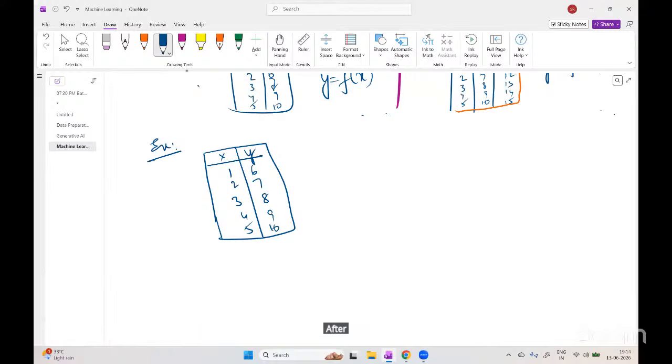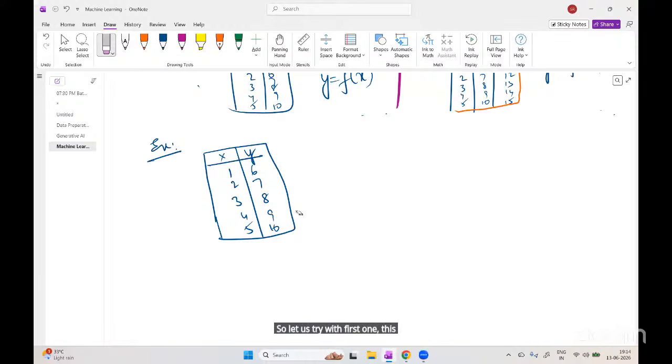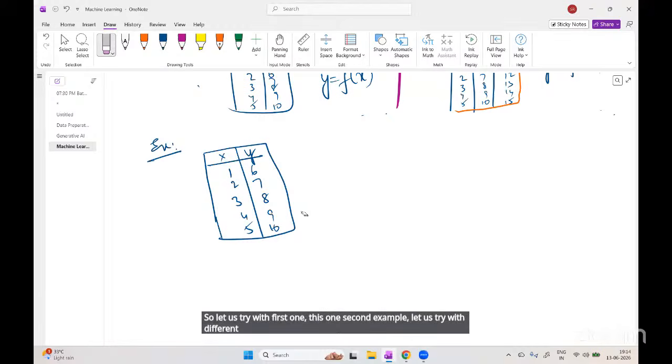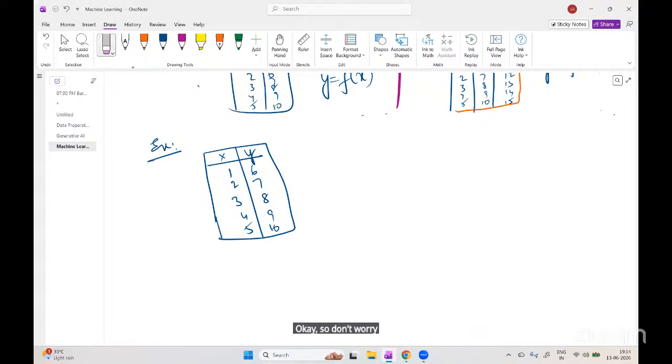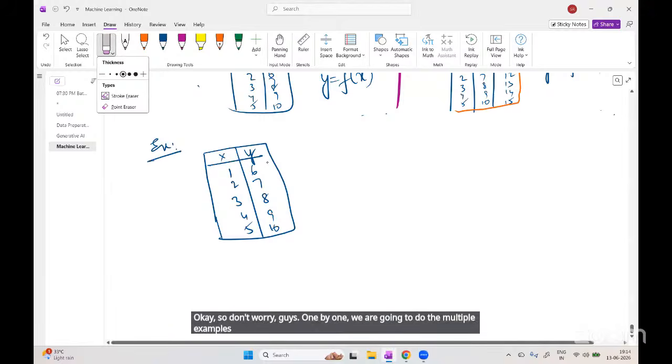After this, sir, if here 19 is there, let us try with the second example. First example only we have to try. Second example, not problem. One more example also we can do now. So let us try with first one, this one. Second example, let us try with different number and let us see the difference. Okay. So don't worry, guys. One by one, we are going to do the multiple examples. Point is very simple.